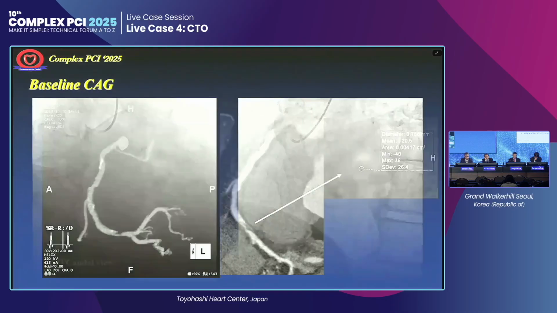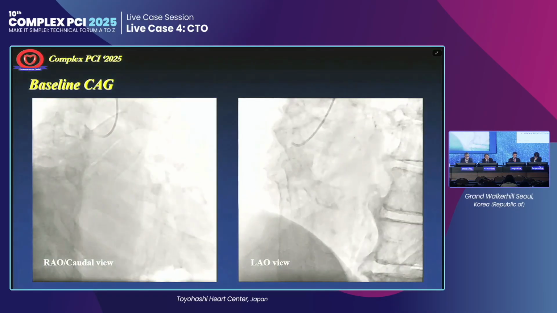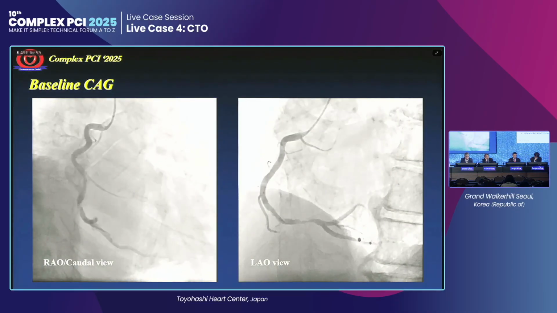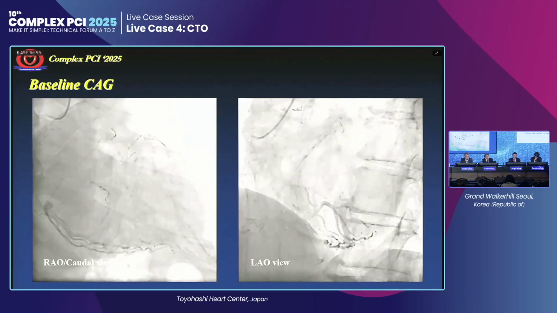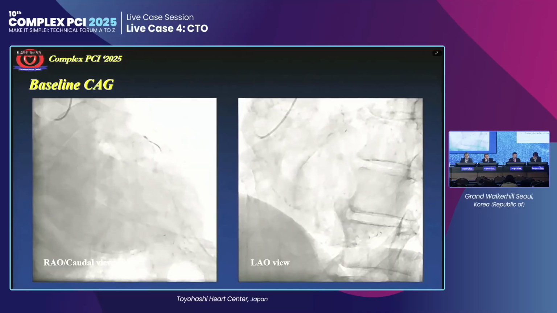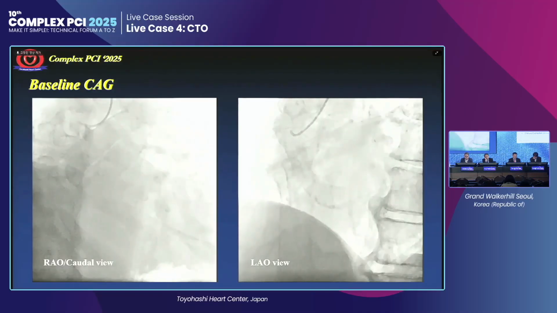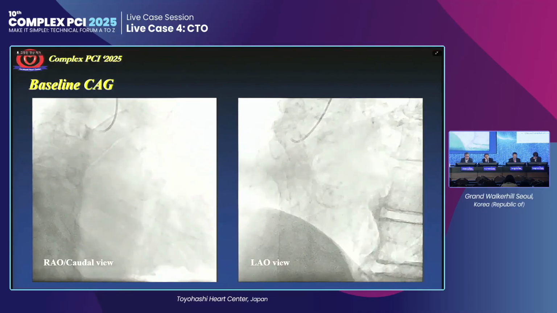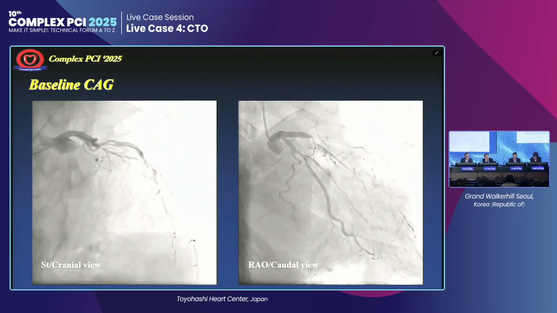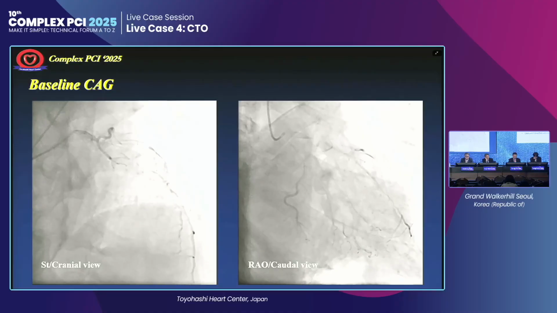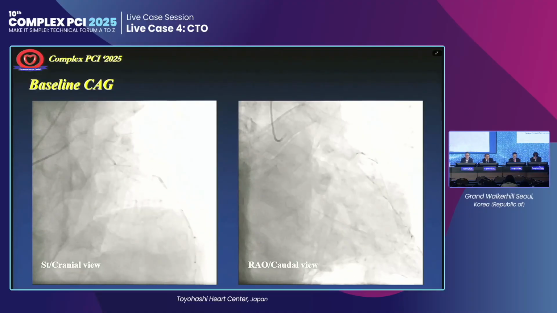This is the angiography at baseline. You can see the tight stenosis at the distal RCA near the bifurcation region. And this is the CTO. This is just the LAD, and we can see some antegrade flow.